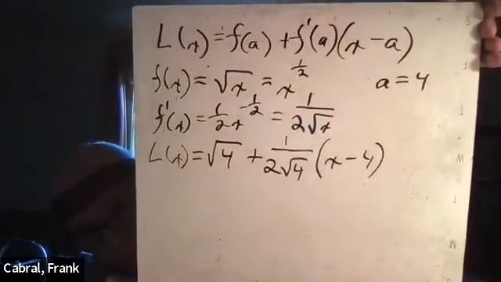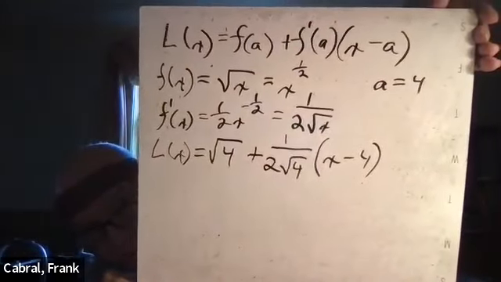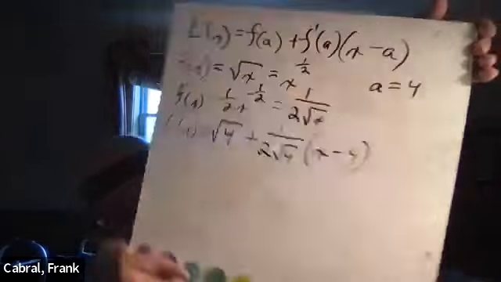So that's going to be 1/2 times the square root of 4 times x minus a, which is x minus 4. Now, again, this is in its raw form. I got to do quite a bit of simplifying here. All right. But that's what it looks like so far. All right. So let me simplify this and put it into the slope intercept form, which, by the way, is what all your linear equations for the most part should be.